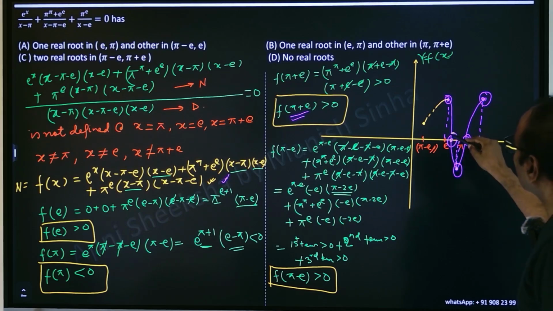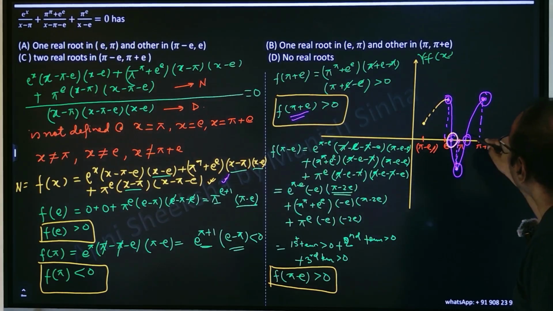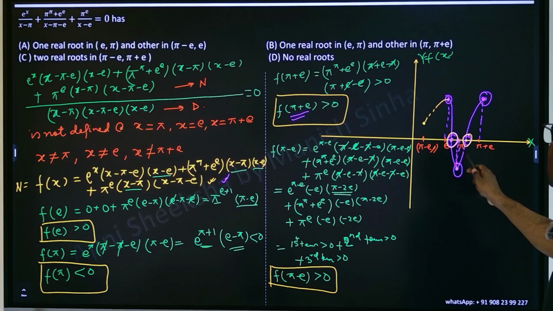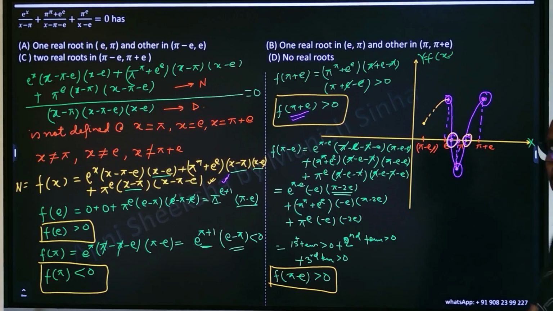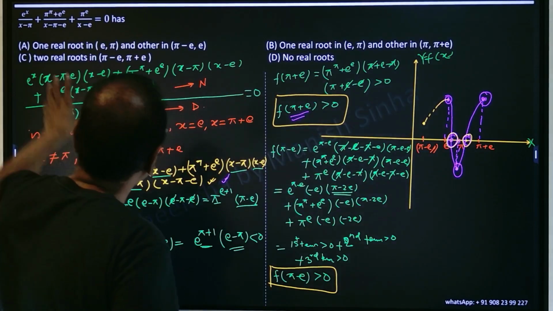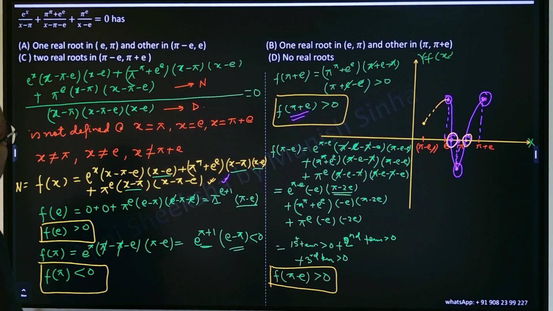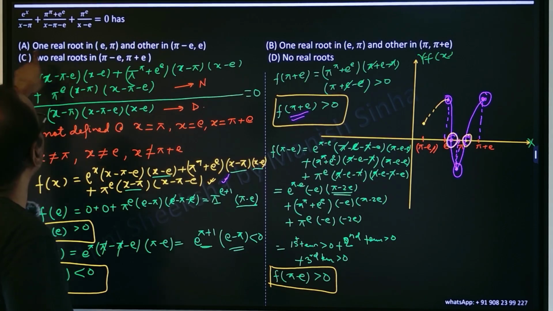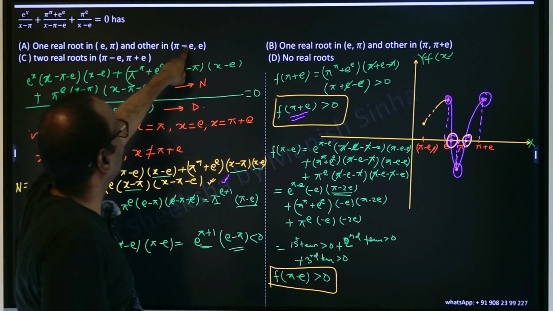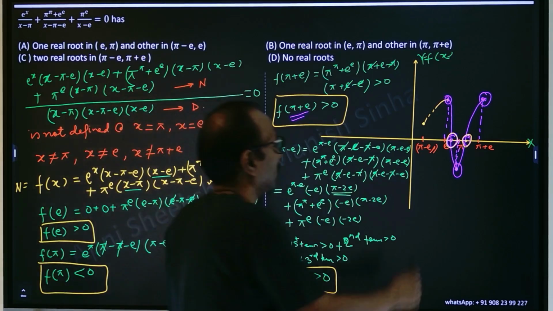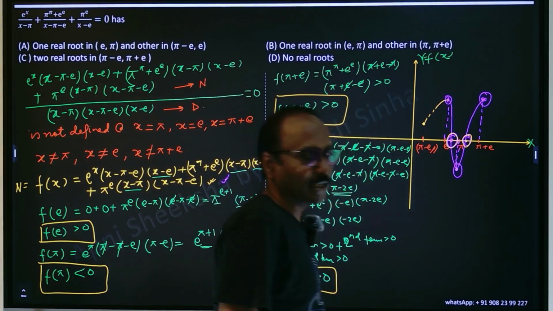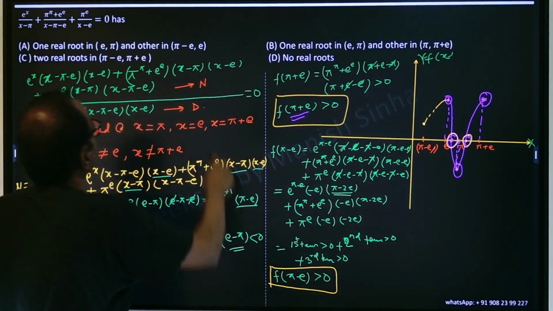So we can confirm now that roots are at these two locations, between e and pi and between pi and pi plus e. So now you see the options and can confirm one real root in e and pi, that is fine, and the other in pi minus e and e is not, because between pi minus e and e the graph is not crossing the x-axis. So this one is not.